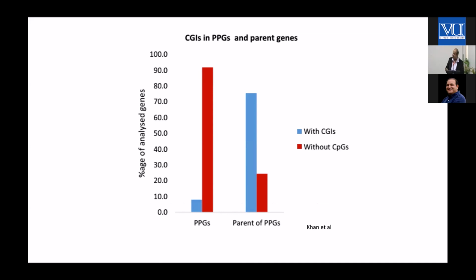And you can very clearly see here, this is the parent of PPGs, and this is PPGs. In PPGs, you can see a lot of genes without CpGs, but in the parent types, there are very few without CpGs.